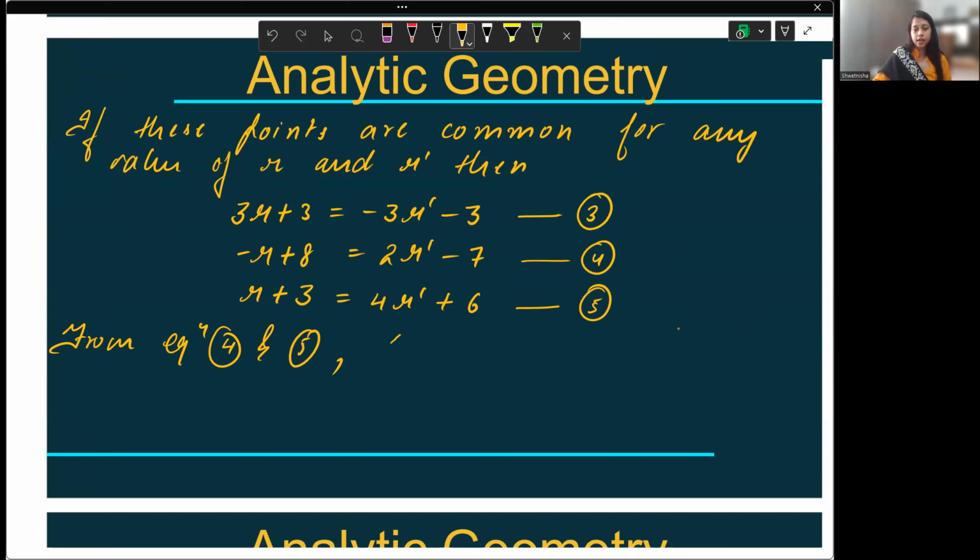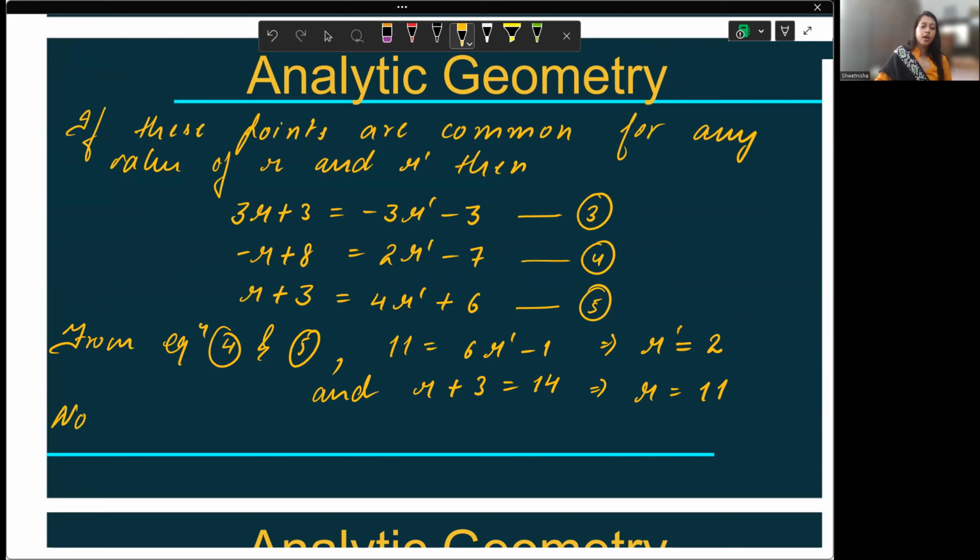So if I add that, it is 11 is equal to 6r dash minus 1. So your r dash is 2. Right. And if I substitute in equation 5, r plus 3 is equal to 14, that means r is equal to 11.